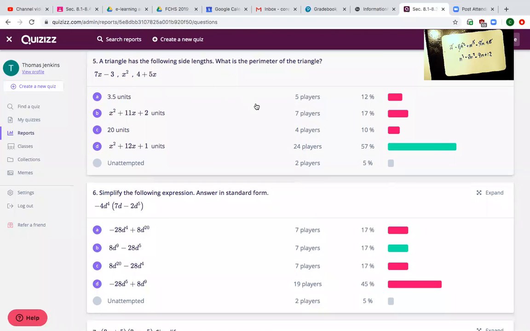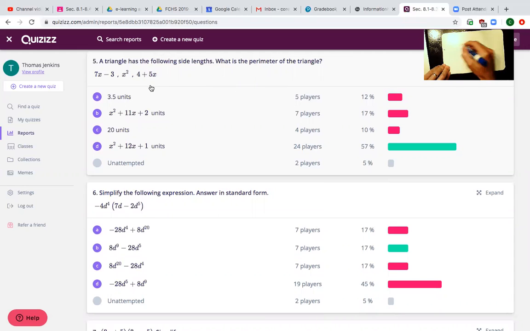Okay, looking at number 5. You guys did pretty well on that one. I'd like to see a higher percentage than 60% get it right, but it's not bad considering what we've seen. So anyways, what's the perimeter? I want to add side 1 plus side 2 plus side 3.